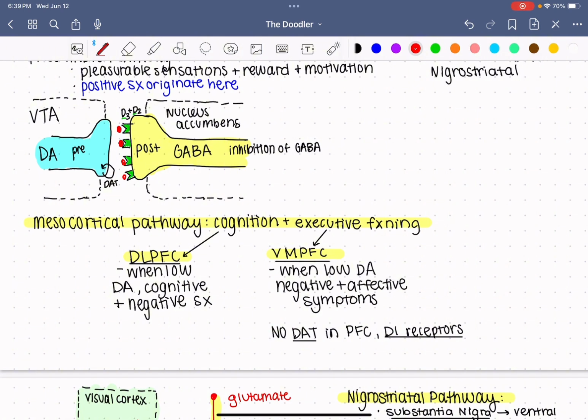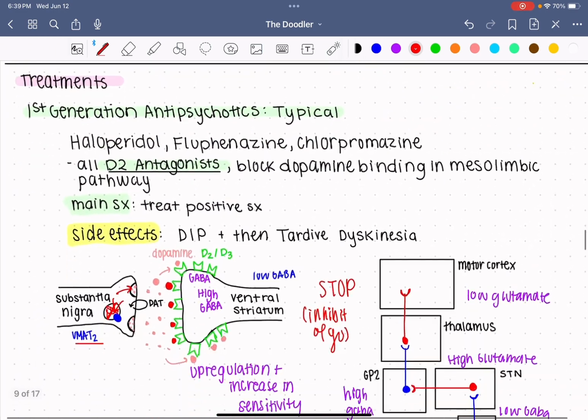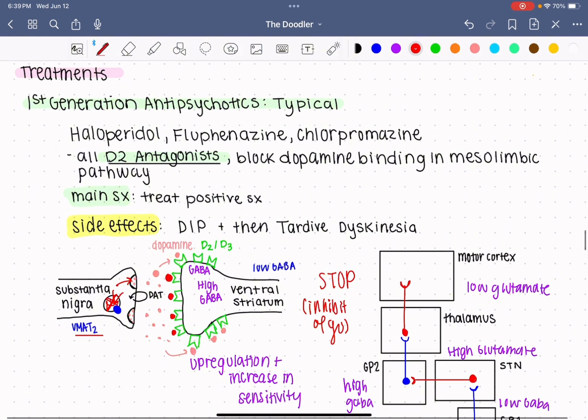And if you have low dopamine, which you already have if someone has schizophrenia, they already have lower dopamine in this pathway, then giving a medication that's a D2 antagonist is going to block any of the signaling that any of the remaining dopamine was going to do. So this will actually result in patients having even worse negative symptoms, even worse cognitive symptoms and affective symptoms.